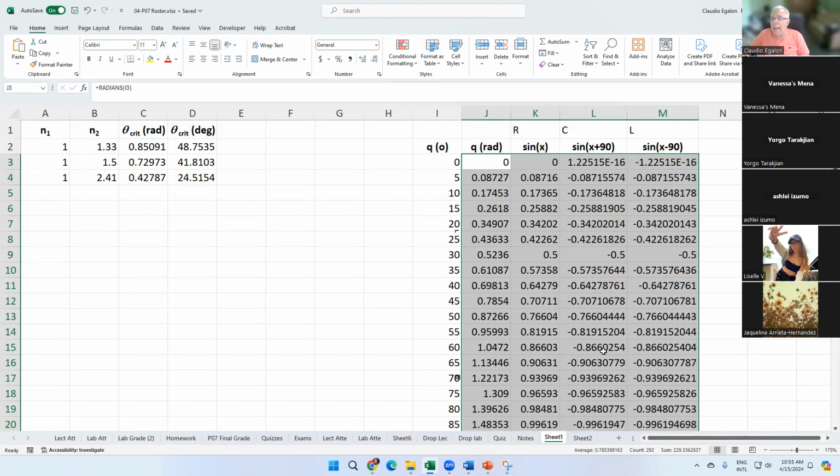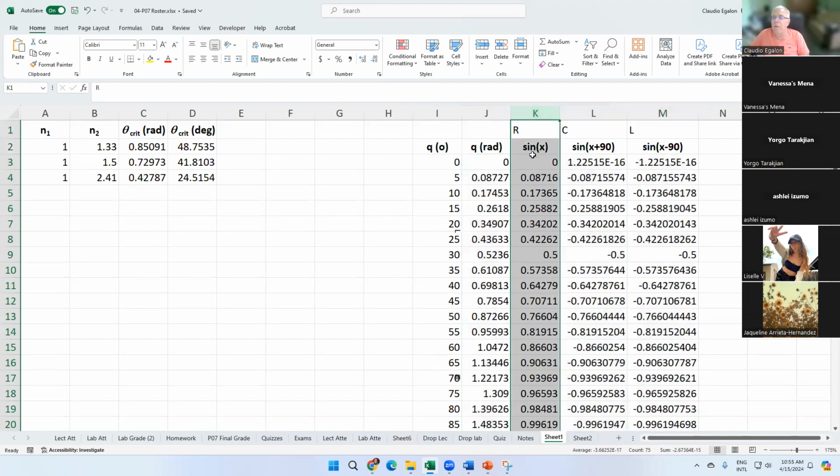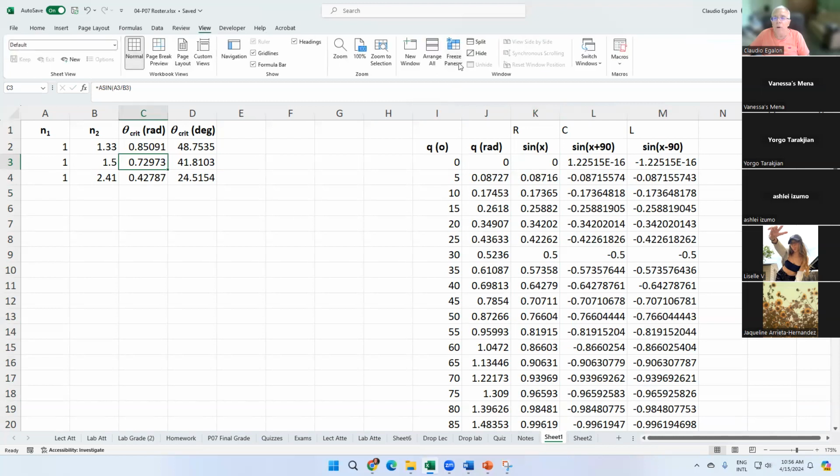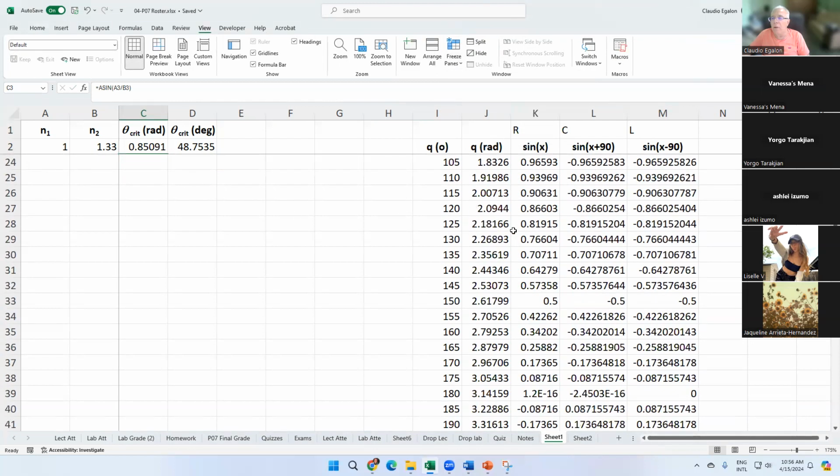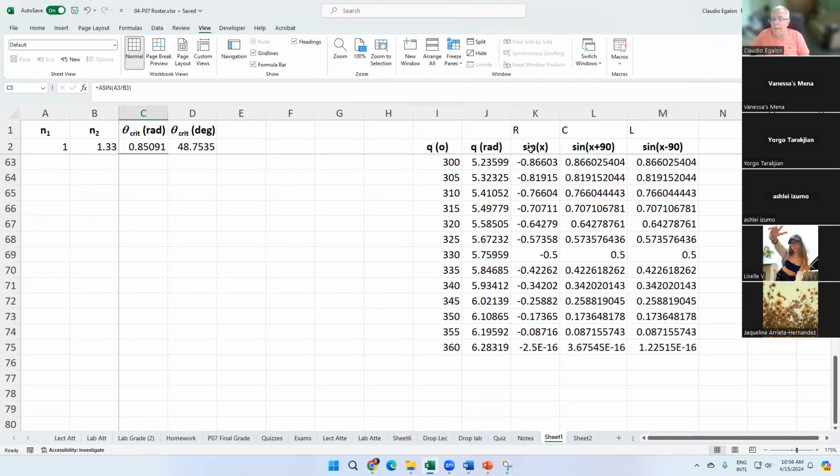Now I'm going to plot this term. This table here corresponds to the sine, right? And I'm going to do better than that too. Let's see here. View, freeze, good. Like that. I'm going to plot this one, and let's start with the capacitor.